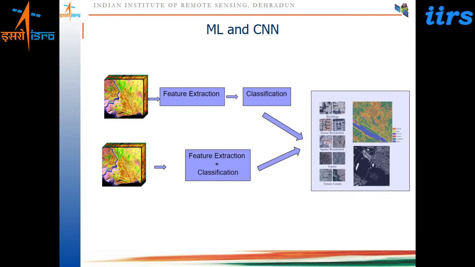Whereas in case of CNN and DNN models, we don't bother about the feature extraction, but rather all the expected features which are supposed to be present in an image will get extracted by the model itself, and it will store the knowledge in the form of collective weights.